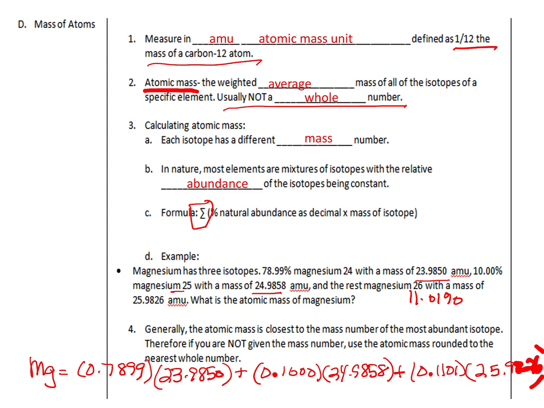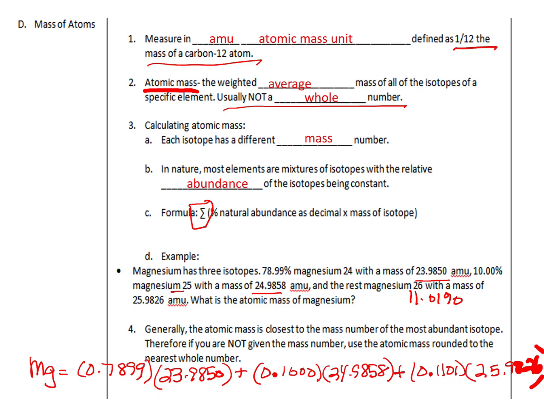25.9826. All right, now to put this in your calculator, be careful, okay? I'm going to do 0.7899 times 23.9850. I'm going to press enter. Then I'm going to press plus, but I'm going to use the quantity button, so the parentheses, plus parentheses, 0.1 times 24.9858.